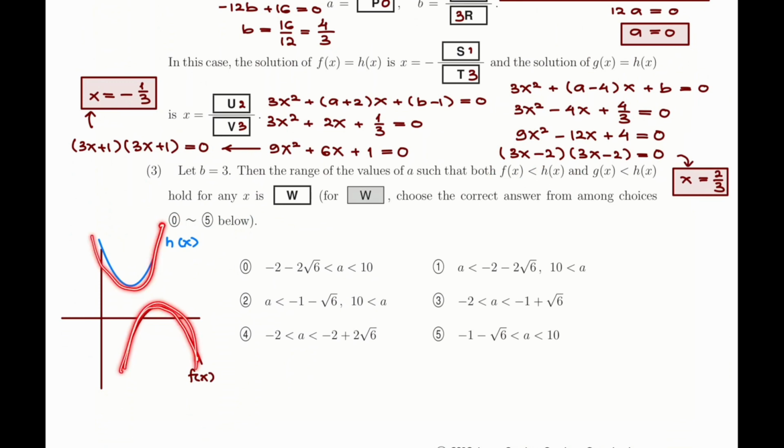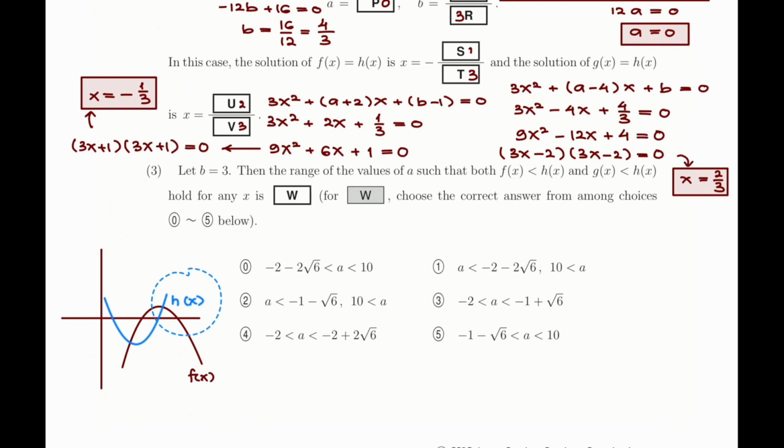F below h. My point is, for f below h, that means f and h cannot have an intersection. So f and h have no intersection, because if they intersect like this, or intersect like this, we do not know the position, or intersect like this.